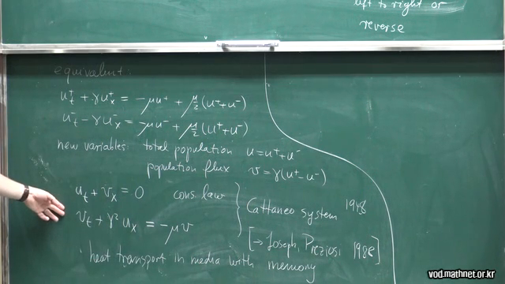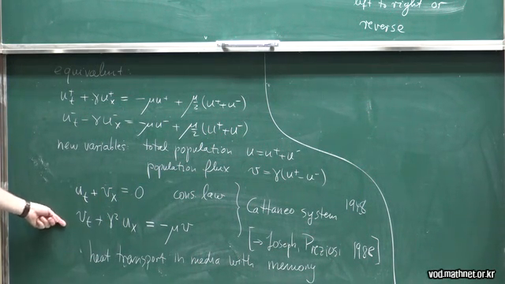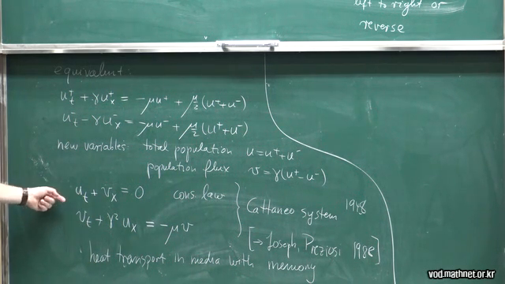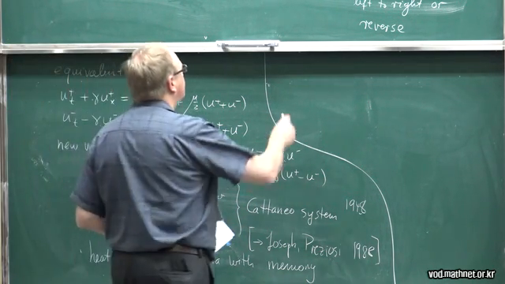Now I differentiate these equations again. The first one by time, the second one by x. And I would like to throw out one variable and get an equation for u alone. But then it will be higher order. It will be a second order equation for u. So I differentiate.